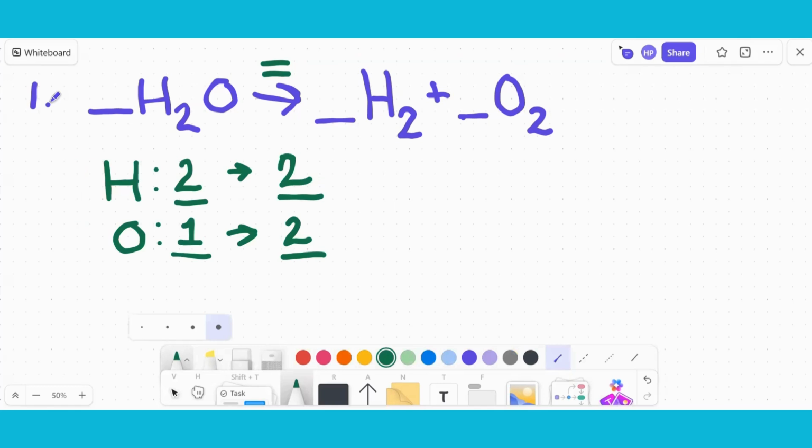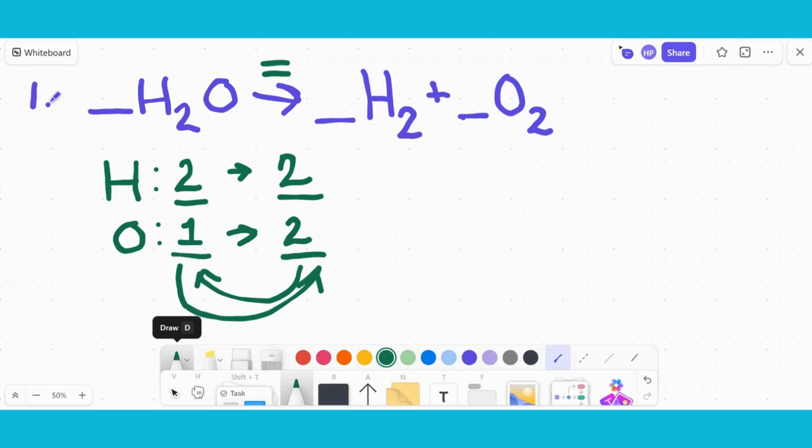So, step 2 that we talked about for how to do this is to swap your counts as the coefficients for that element. So with hydrogen right now, we don't necessarily have to do that because we have 2 and 2 on either side.